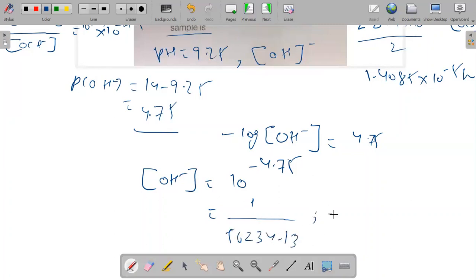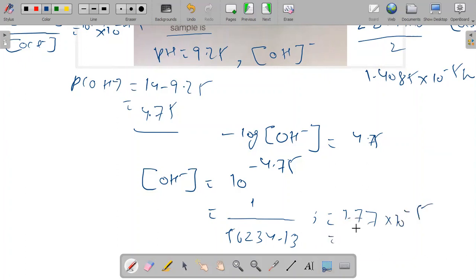If you calculate further, we'll get a value of 1.77 into 10 to power around minus 5.